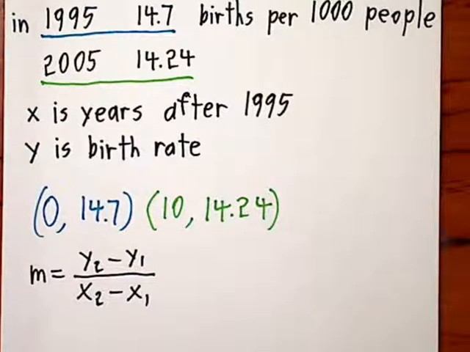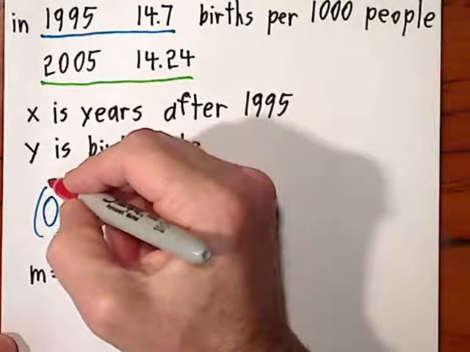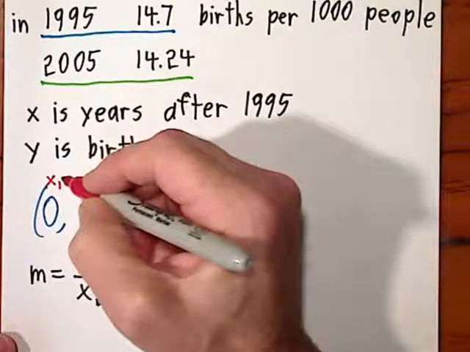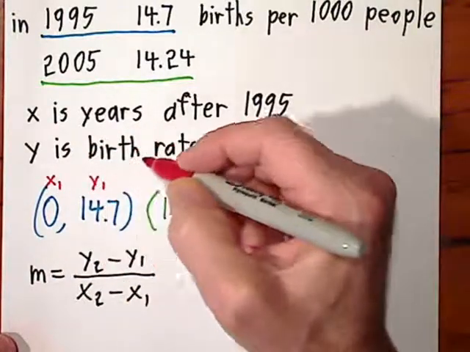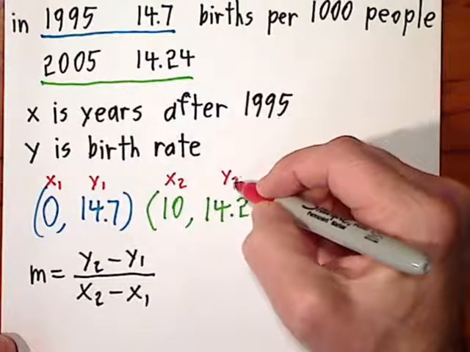And it's always a good idea to label these points. It's very easy to forget what they are. So this first one is x sub 1, then y sub 1. The next one is x sub 2, and then y sub 2.